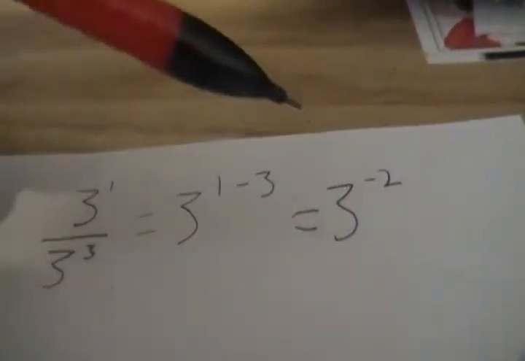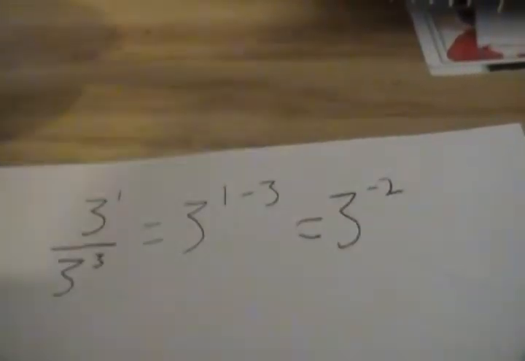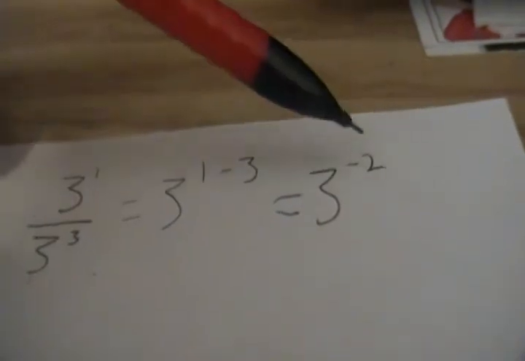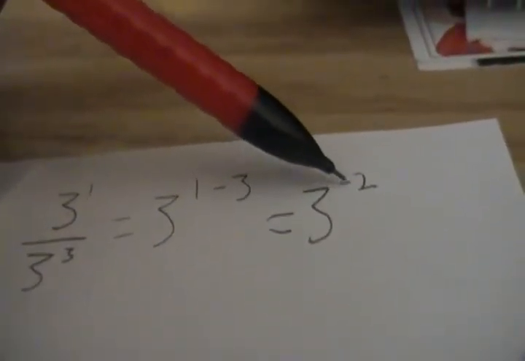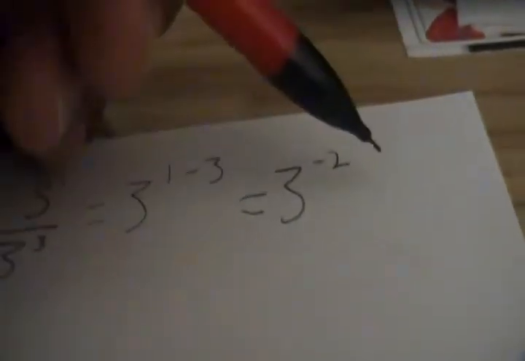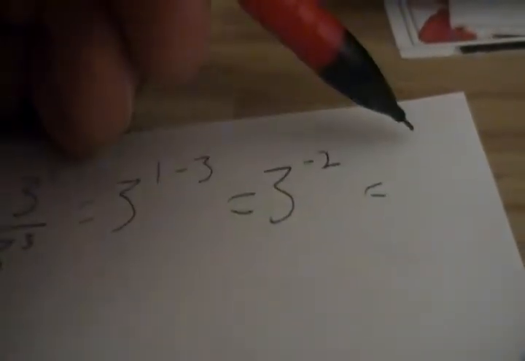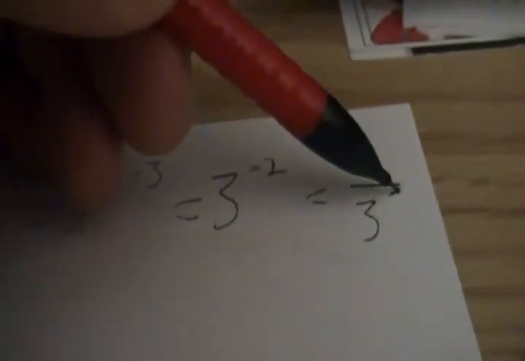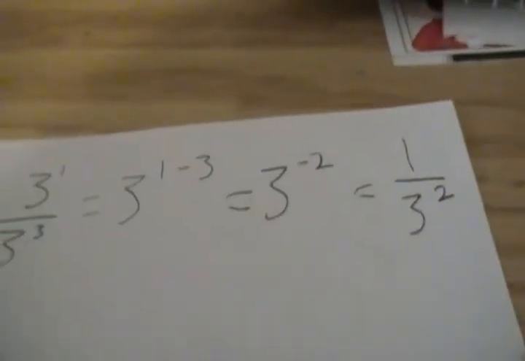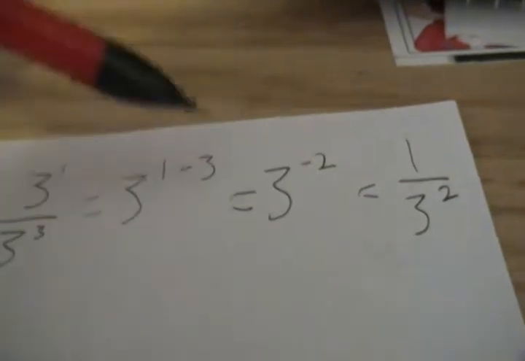Now, we don't want to leave anything in negative exponents, so we have to expand this. If you have a negative exponent, this means that it is a fraction. So 3 to the negative 2 power is equal to 1 over 3 to the 2 power, or 1 over 3 squared.